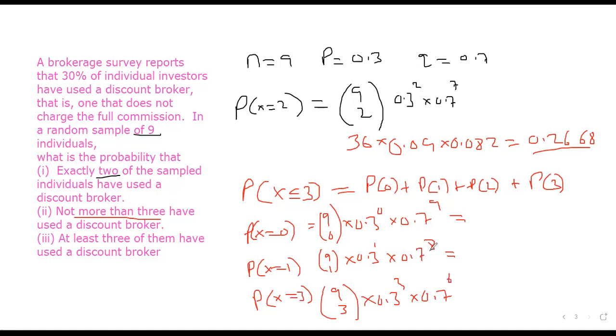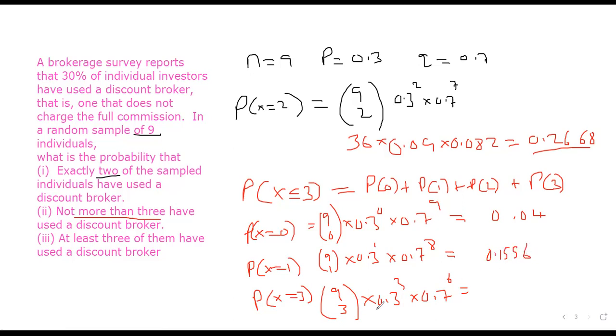So here we have 0.7 to the power 9. For the rest, this is 1, this is 1. So here we're going to get 0.04. Here, this is 9 and this is 0.3, so just find 0.7 to the power 8 times 9 and 0.3. We get 0.1556.